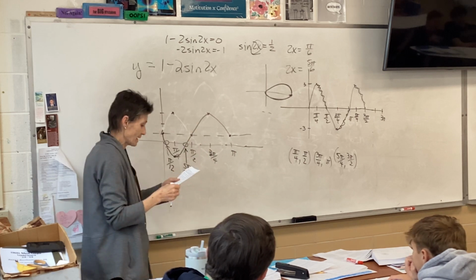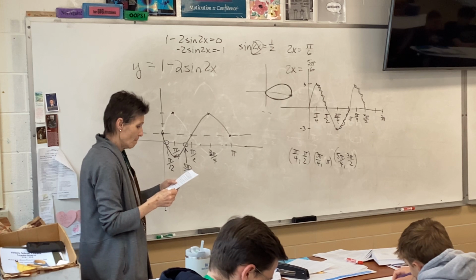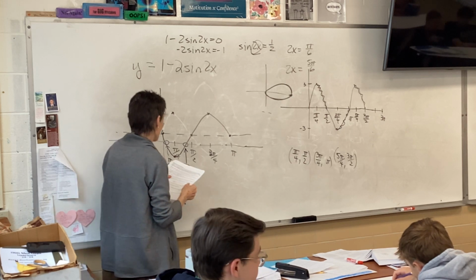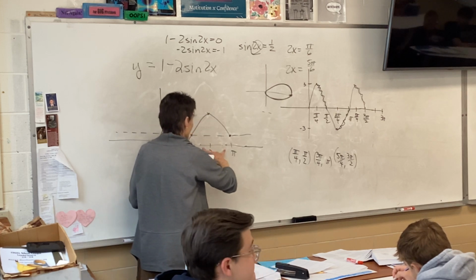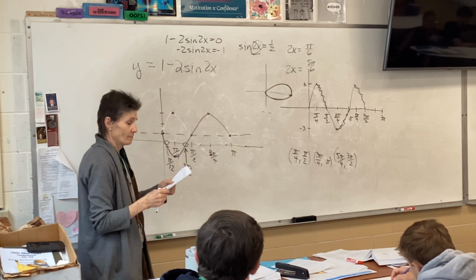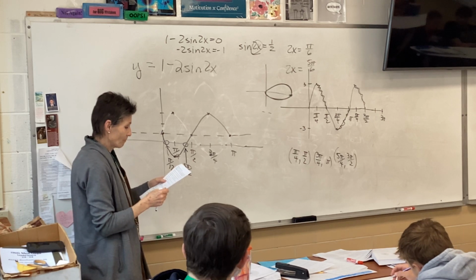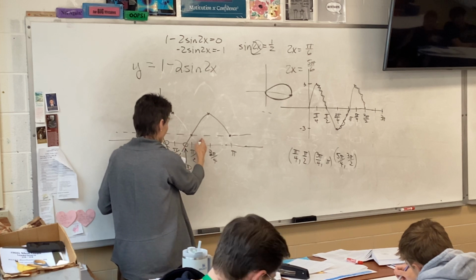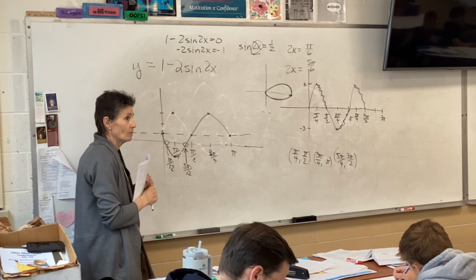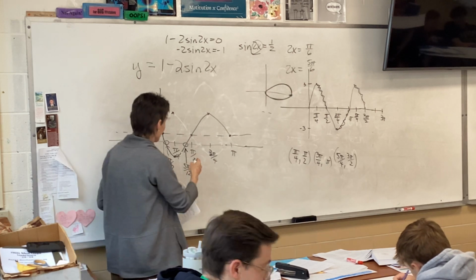Okay, that one's out. A minimum on the interval from 2 pi over 3 to pi. Is there a minimum on that interval? No. How about from pi over 3 to 2 pi over 3? Is there a minimum on that interval? No.